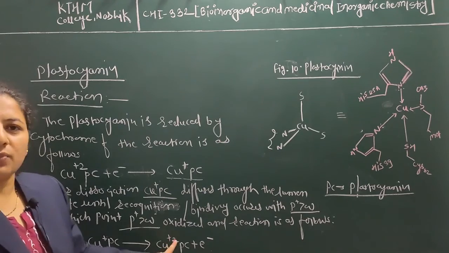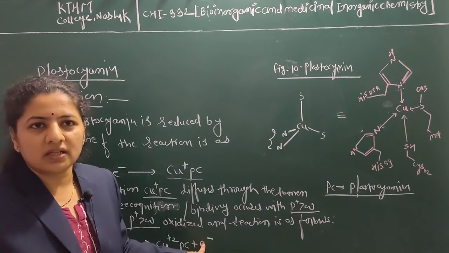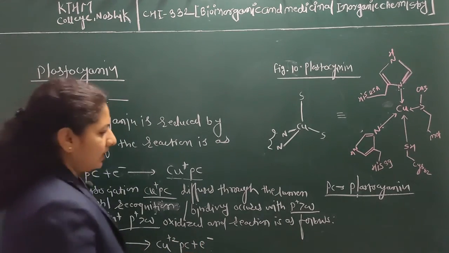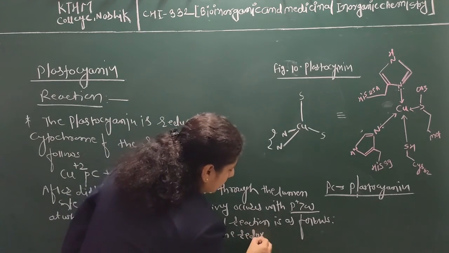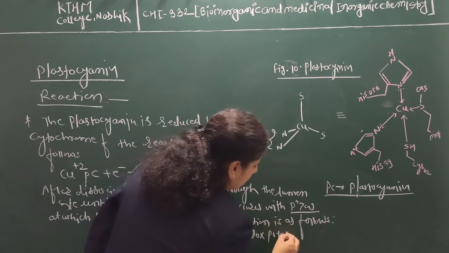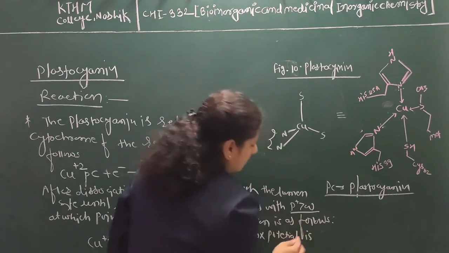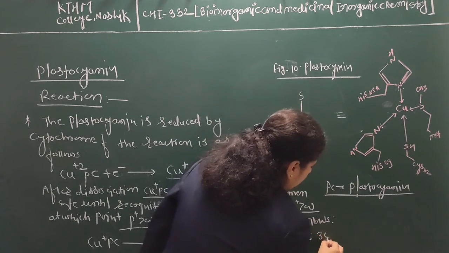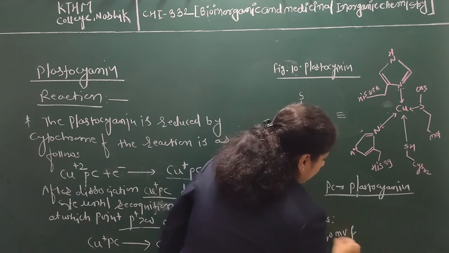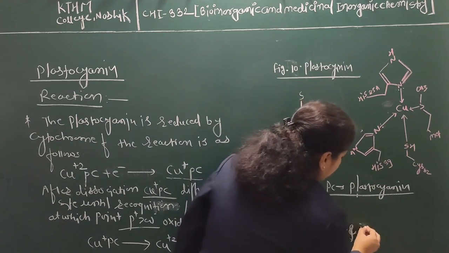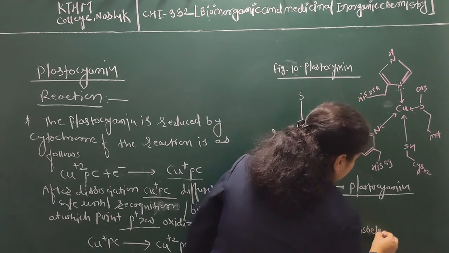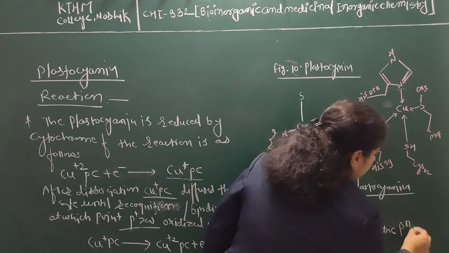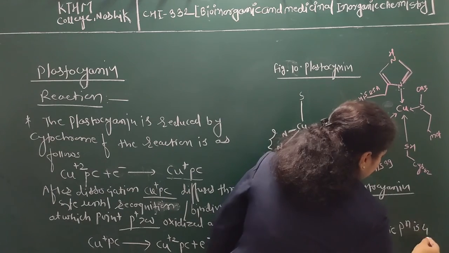Now the redox potential for this reaction is 340 mV, and the isoelectric point is 4.